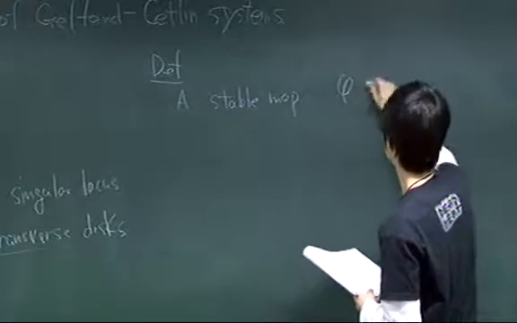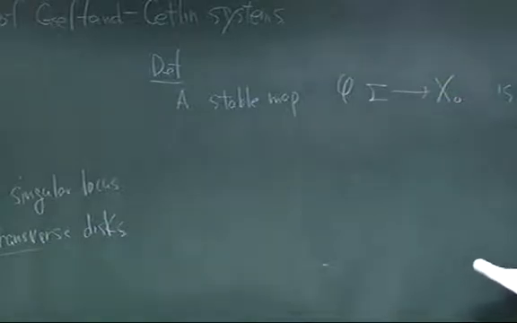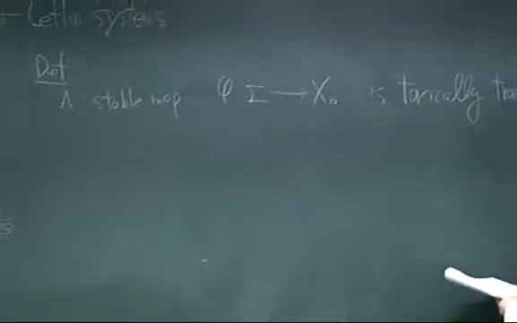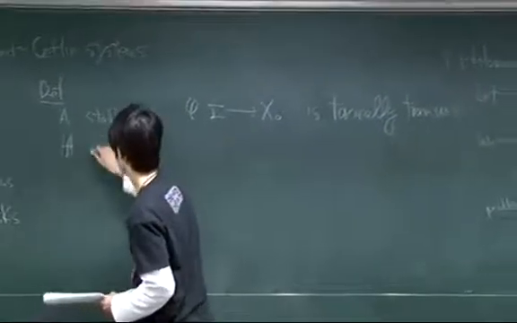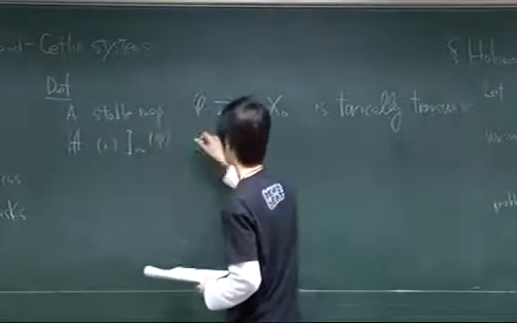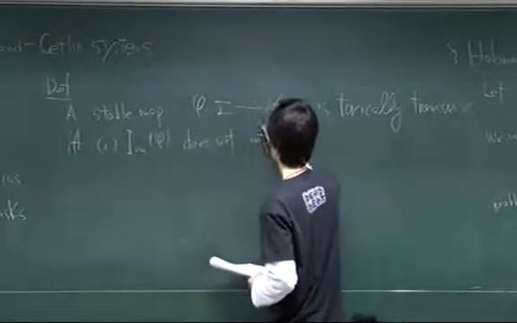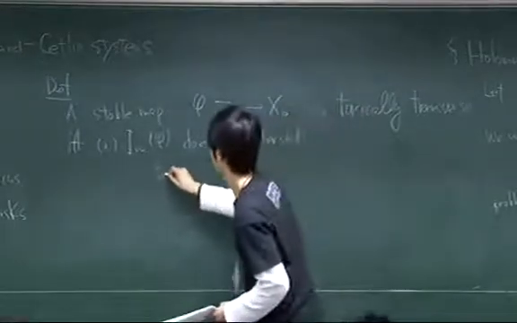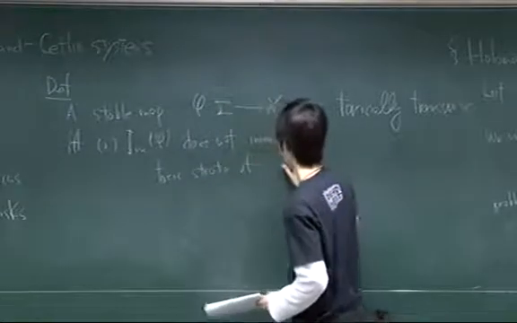A stable map is torically transverse if the first condition holds: the image doesn't intersect the toric strata of larger codimension.